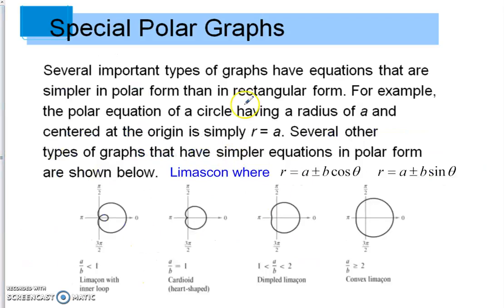Alright, we've got some cool special polar graphs. These are called limacons, and they happen when you get the equation r equals a plus or minus b cosine theta, or r equals a plus or minus b sine theta. Okay, and you get these cool little graphs that look like this, and the relationship between a and b dictates whether it's going to have a loop in the middle like this, it's going to look more like this dimple right here, if it's going to be a cardioid or a convex limacon.